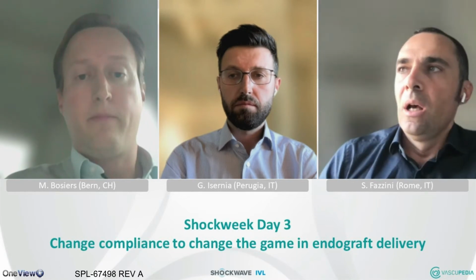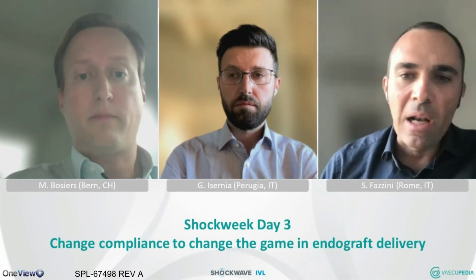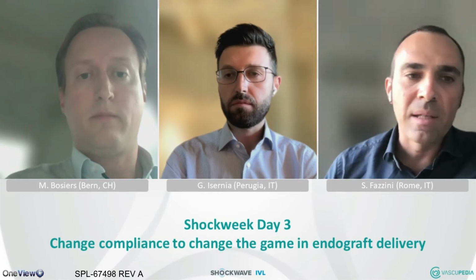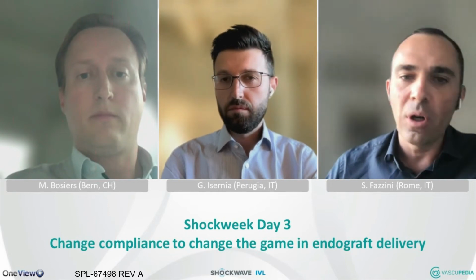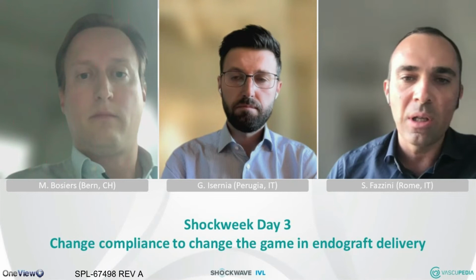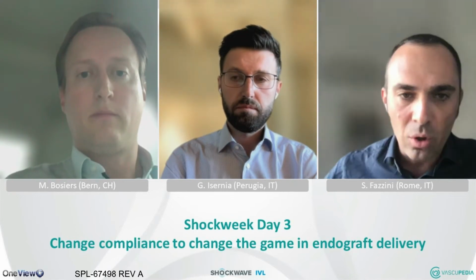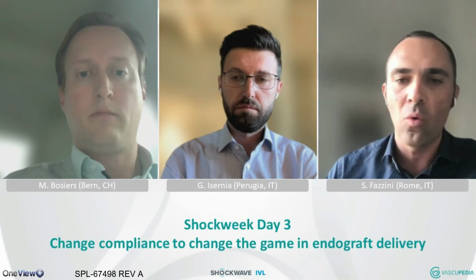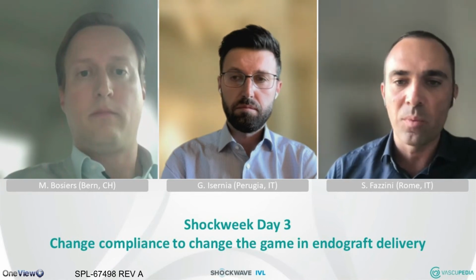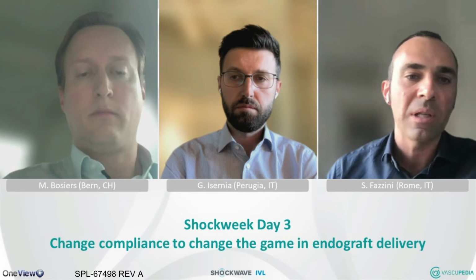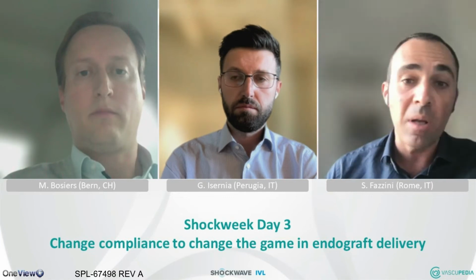Yeah, absolutely, we need a sort of algorithm, because we should customize our plan for each patient, because each patient is different. So we cannot say that now we have the 8 millimeter available, so use the new IVL 8 millimeter for every case, because probably if we have a 6 millimeter external, we need a 7 millimeter.